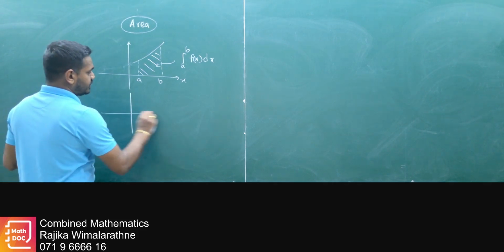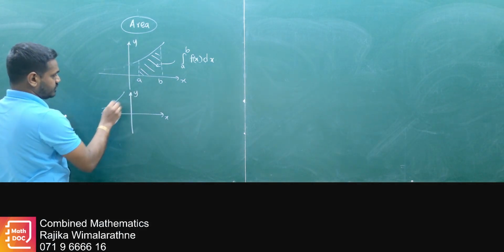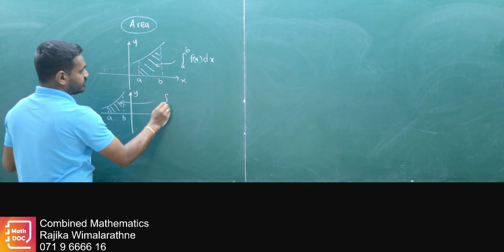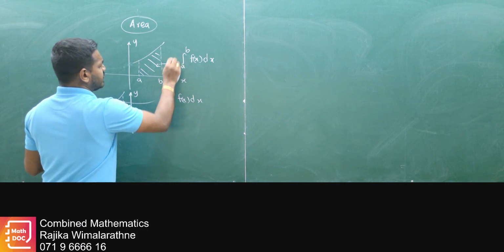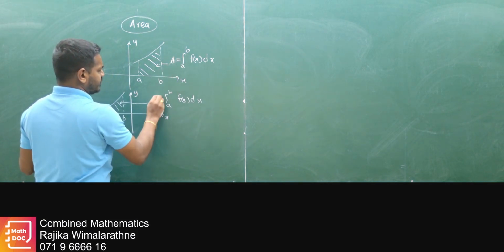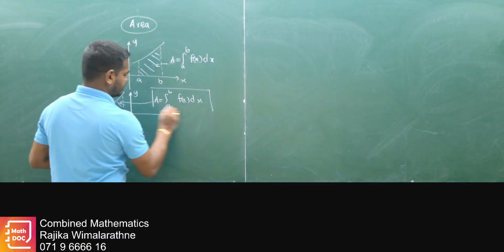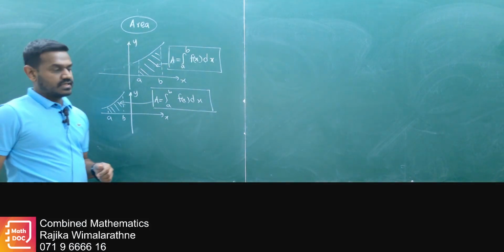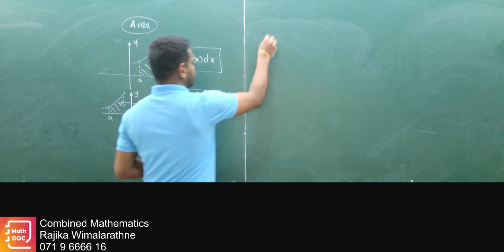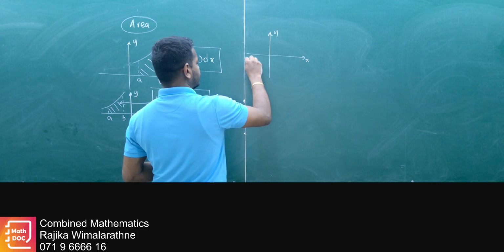So now the graph in the second quadrant, AB. To find this area, you do the same: a to b f(x) dx represents the shaded area. Now you consider the third quadrant.